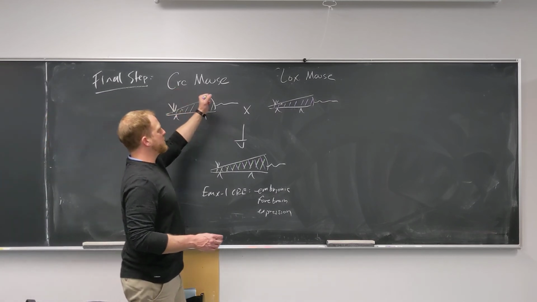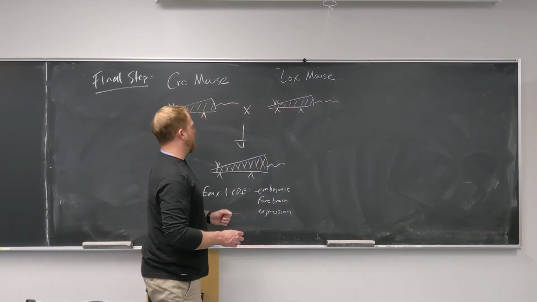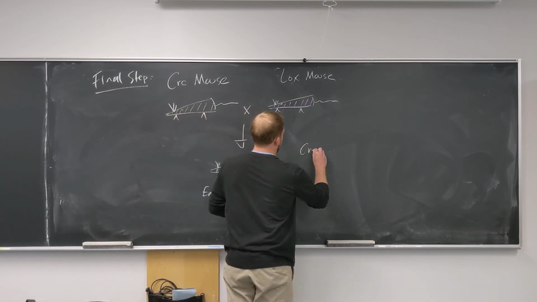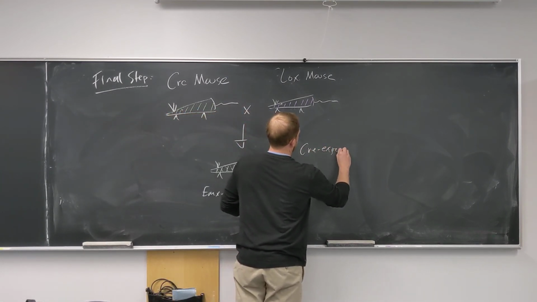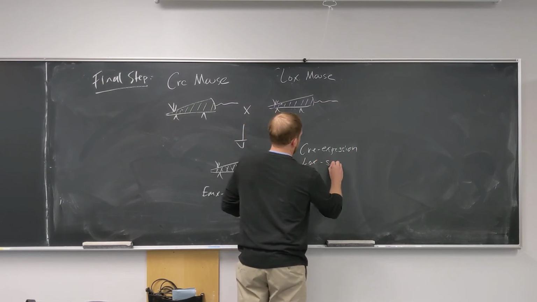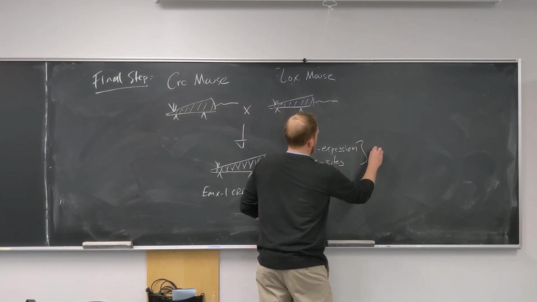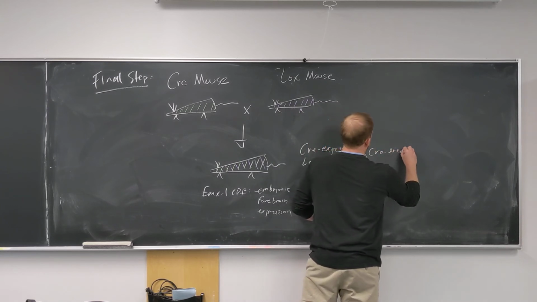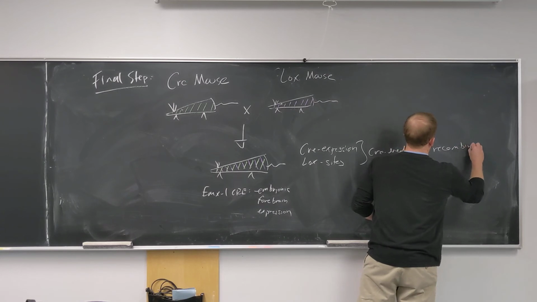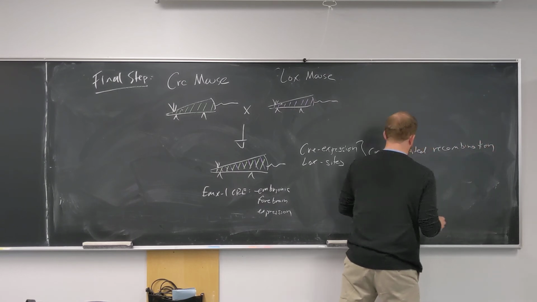So you take your Cre mouse and you breed with your Lox mouse, and the progeny from this cross should have both Cre expression and Lox sites. So you should get then Cre-mediated recombination at your gene.